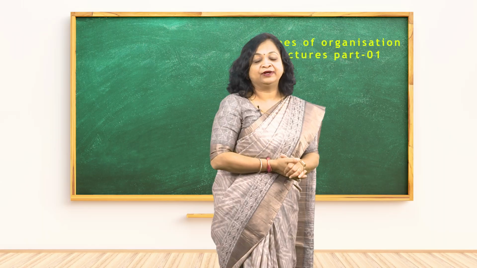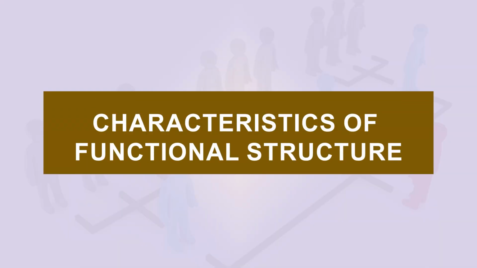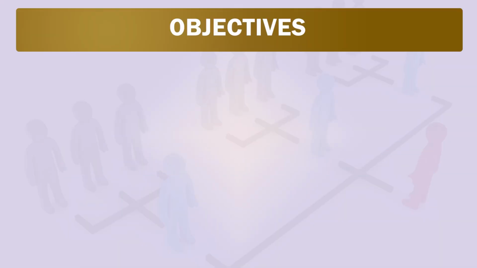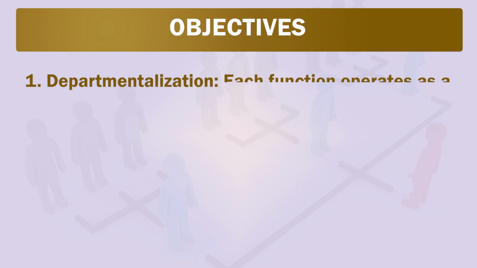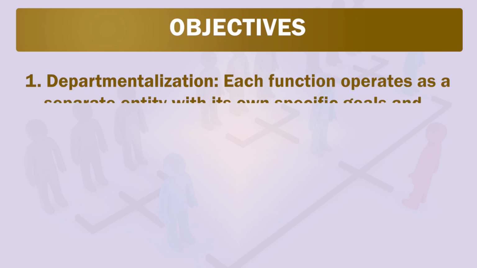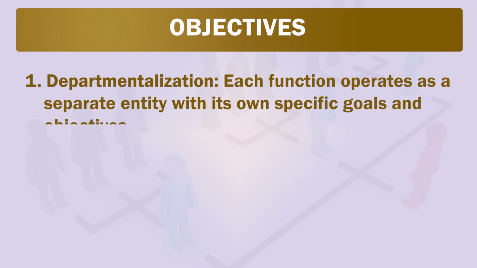Now, let us try to understand what the characteristics of the functional structure are. The first characteristic of a functional structure is departmentalization. Each function operates as a separate entity, with its own specific goals and objectives. So, what happens is there is departmentalization, right.